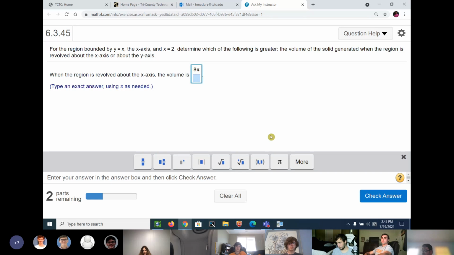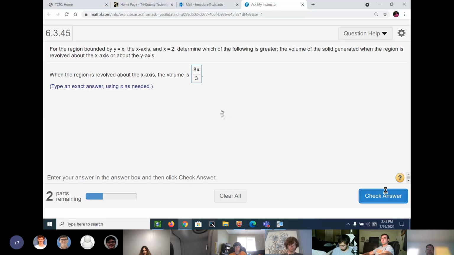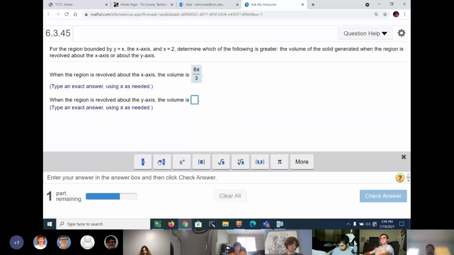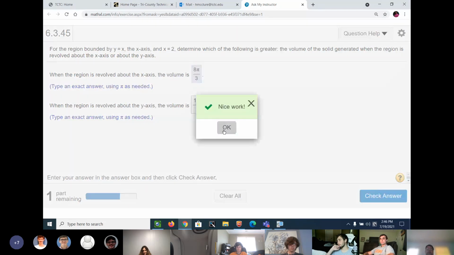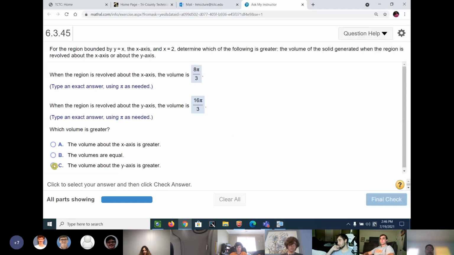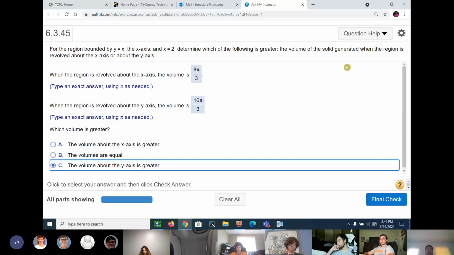Over what? 3. And then this one is 16 pi over 3. And the volume around the y-axis is greater.